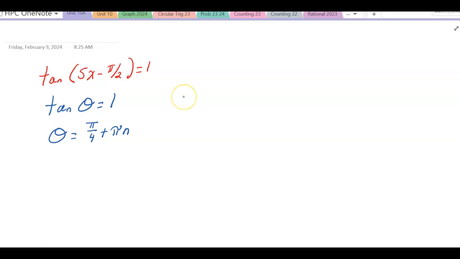But instead of theta, you would solve 5x minus pi over 2 is equal to pi over 4 plus multiples of pi. You would add pi over 2 to both sides.